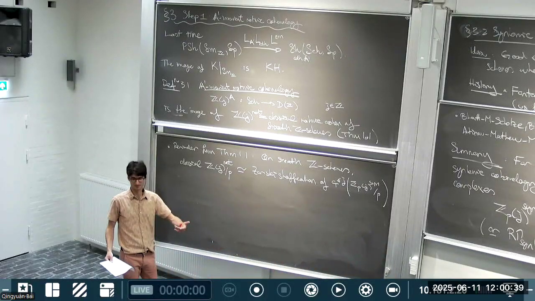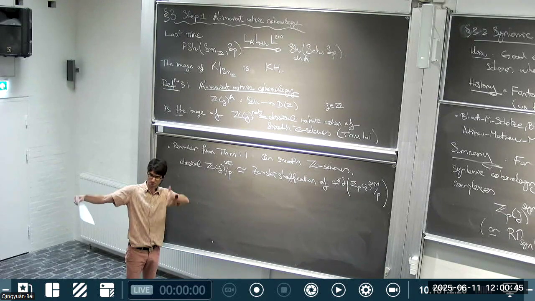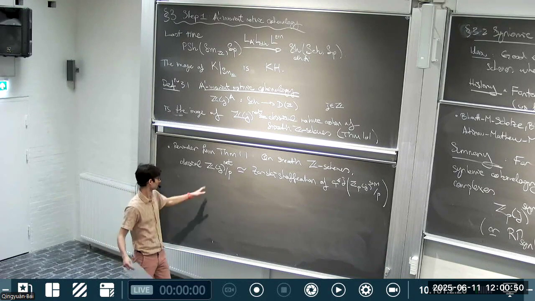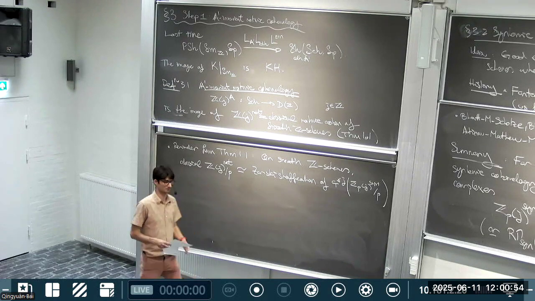There's similarly a localization sequence in motivic cohomology, relating the motivic cohomology of the piece where p is invertible to the mod p special fiber, and putting everything together gives you that identification.